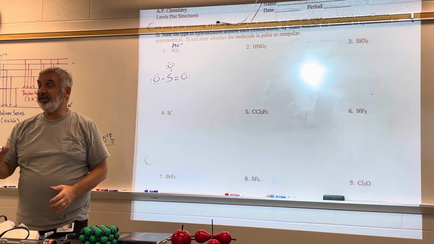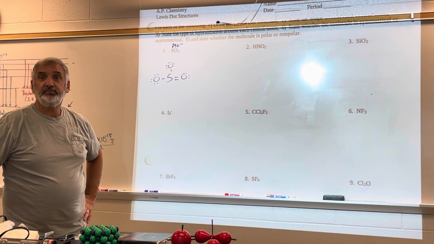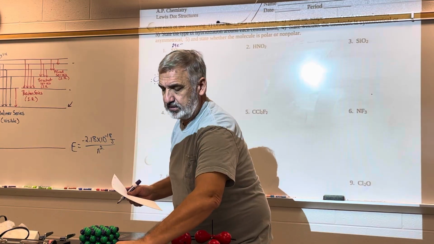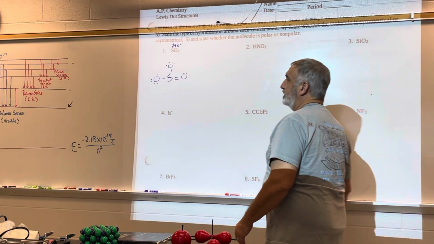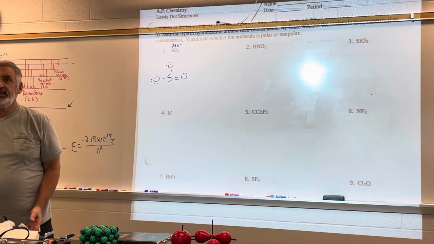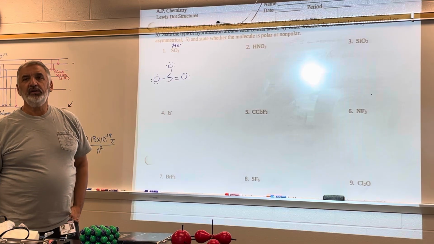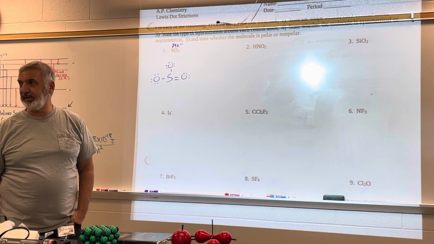So let's go. Get your notes out, because I'm going to kind of teach something right here. There's this thing called resonance. Well, let me back up. When we're in covalent bonding, page 2 of covalent bonding.